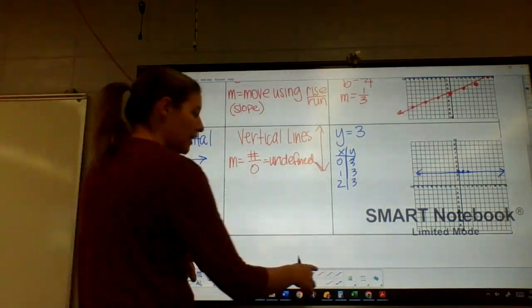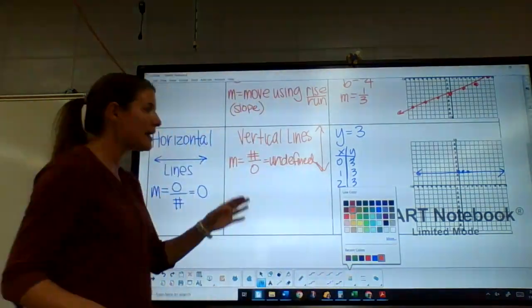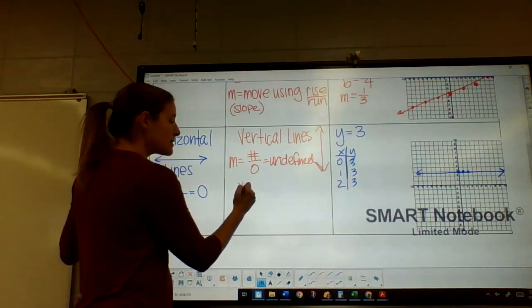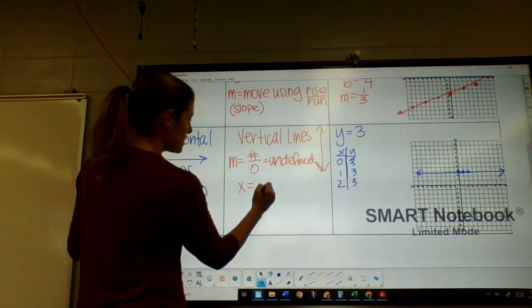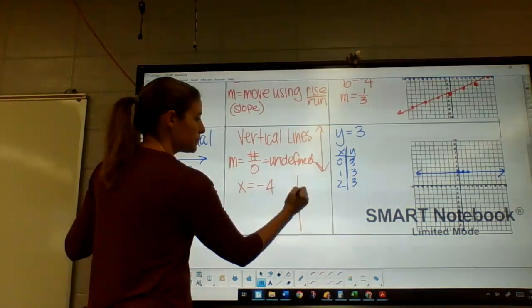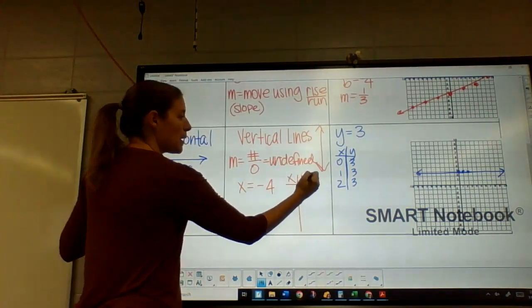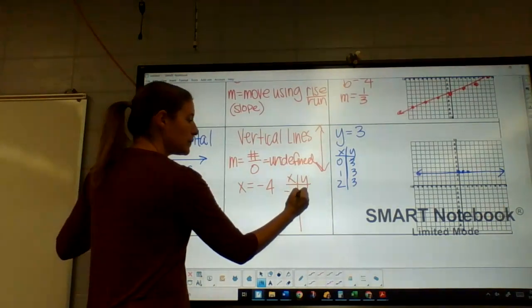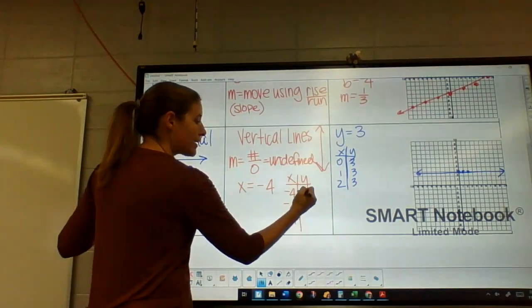Versus if it was vertical, and again, if you don't need a table on problems like this, I'm fine with that. That would be like x = a number, so let's do x = -4. And again, this is where the x's are all -4, and y could be anything.